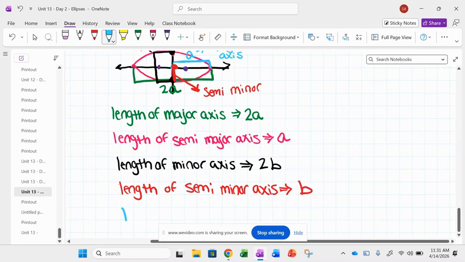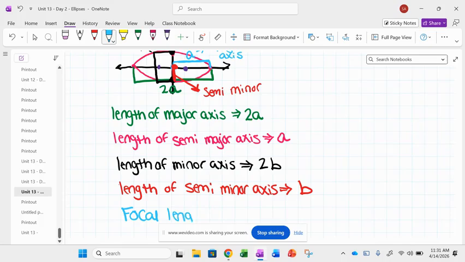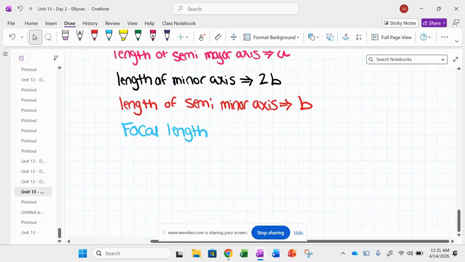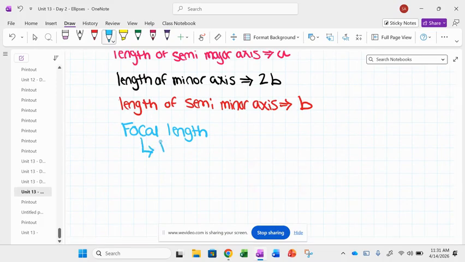Now that's going to bring us to the last thing I want to talk about, which is the focal length. Just to recap, because it was the last thing we talked about last class, the focal length is the distance from one focus, or one focal point, to the center.